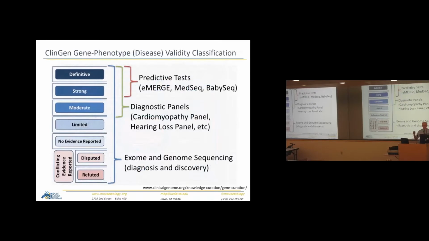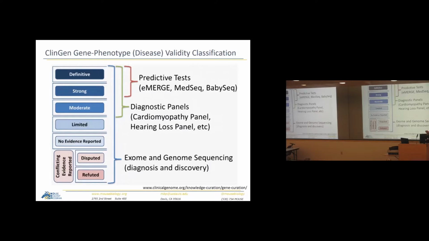As an example of what ClinGen has done with all this information, they've classified variants according to this classification. Everything from definitive, these are known variants either causing disease or not causing disease, so causative or benign, all the way to no evidence reported, and then even these very confusing ones, which are disputed, either because of incomplete health profiles or interpretations that are different, or because the genome landscape changes with time as we get better and better sequencing.